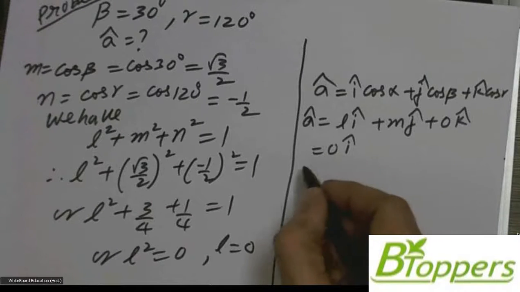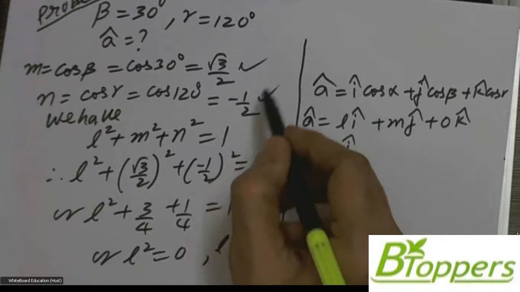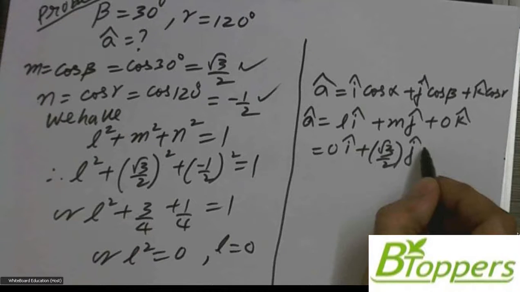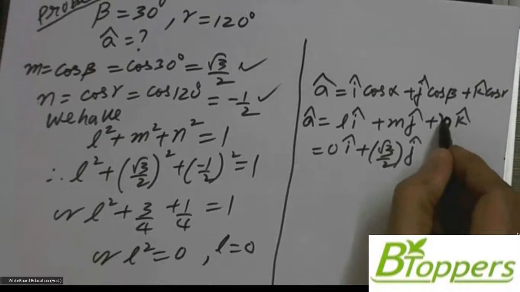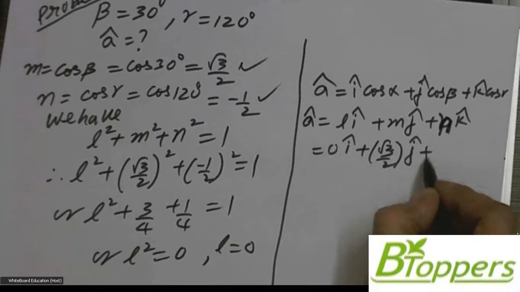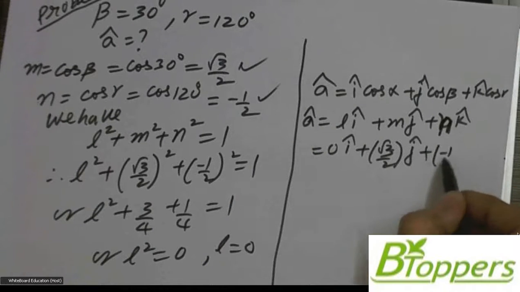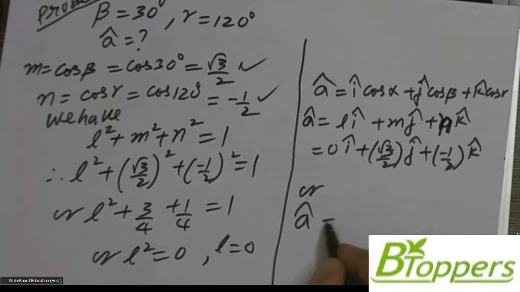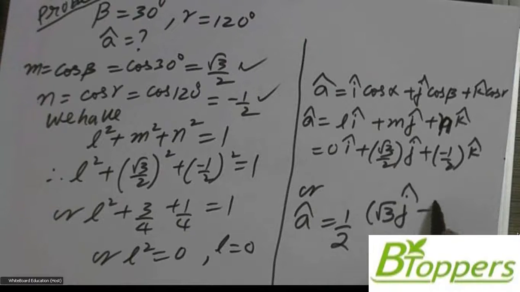Here L is 0, M equal to root 3 by 2 and N equal to minus half. So you can write the answer as A cap equal to half of root 3 J cap minus K cap. This is the answer for the problem. Those who want to copy the solution can take a pause and copy it.